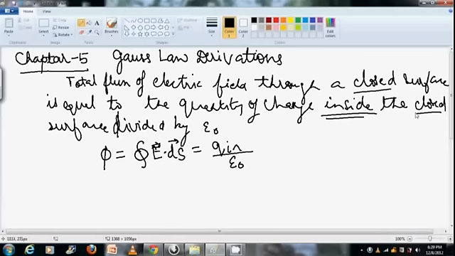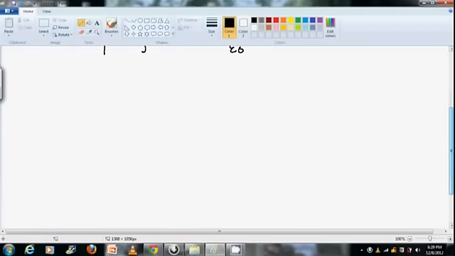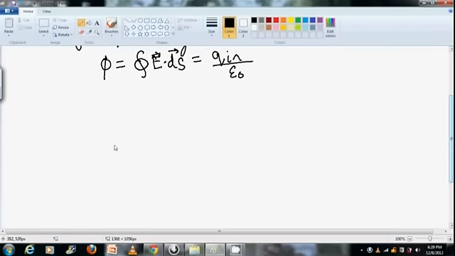So let us do some applications of how to use this Gauss law. The first application: I think I told you that Coulomb's law and Gauss law are one and the same thing, so let us derive this.